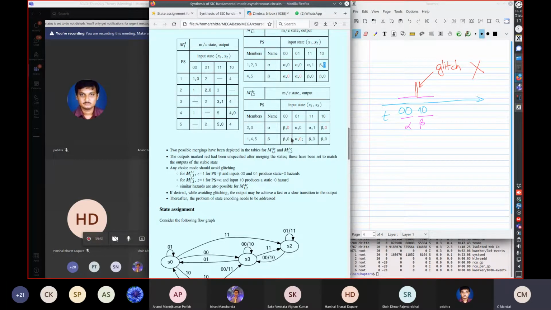That is an important aspect to consider. This consideration is also there to some extent when you design synchronous circuits, but we will see.